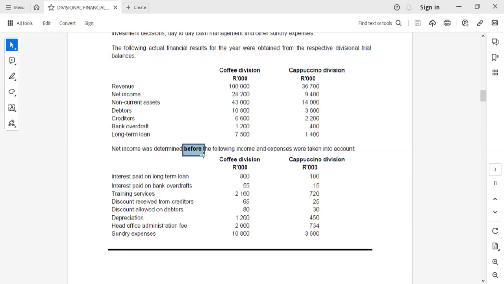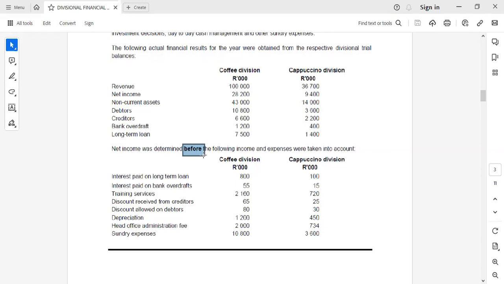So we will be interested more in those incomes and expenses that are controllable so that we can add them or subtract them accordingly. But if they had said after the following income and expenses were taken into account, our focus was going to shift. We're now going to look for those that were included, which are not supposed to be included. Then we're going to reverse them. That means if it's an income, we're going to subtract. If it's an expense, we're going to add. So that word is very, very important.